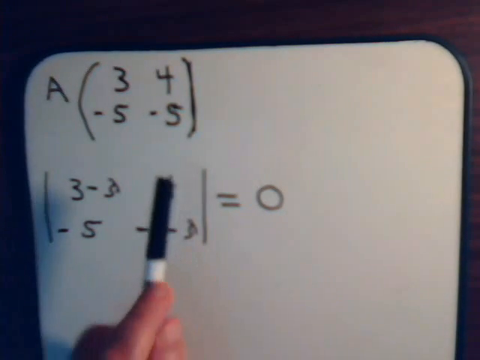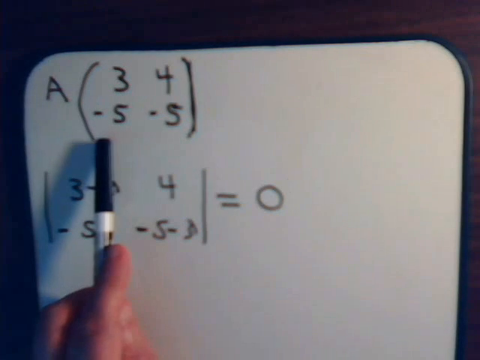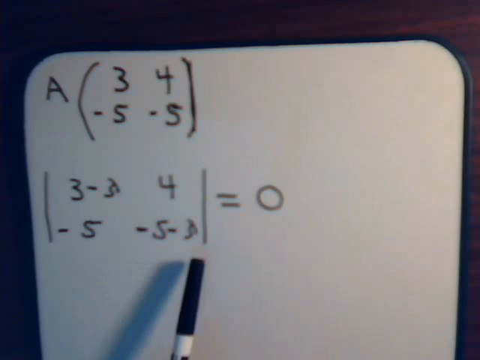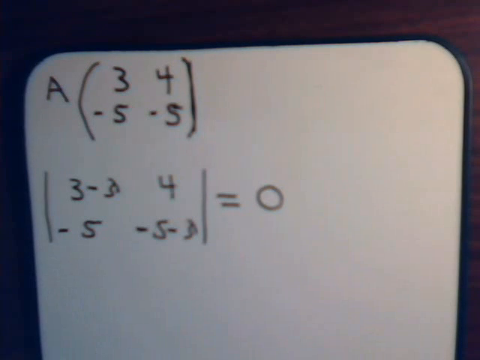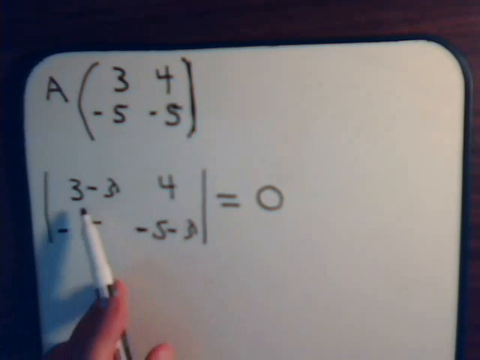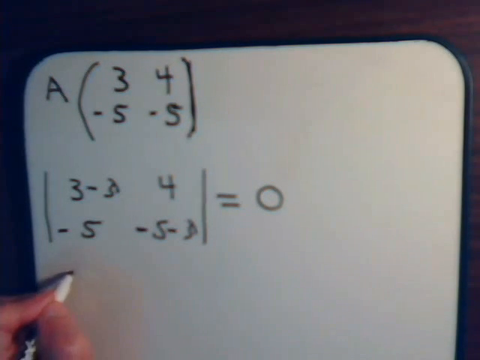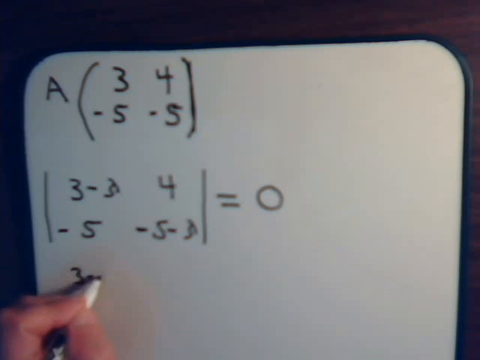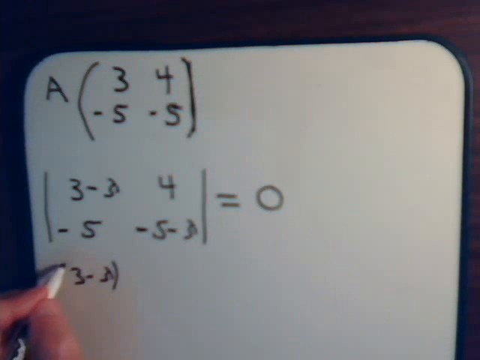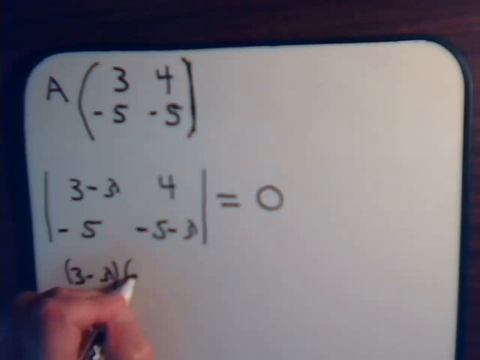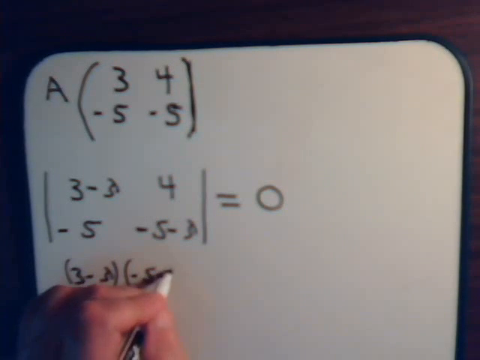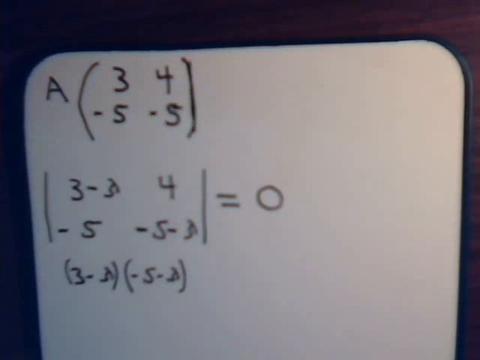So here is our matrix. We want to know what are its eigenvalues and eigenvectors. So we have it like this. We know the determinant has to be 0. So we have this times this, 3 minus lambda, times minus 5 minus lambda.